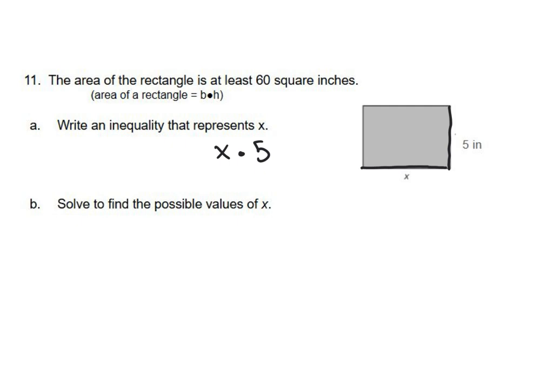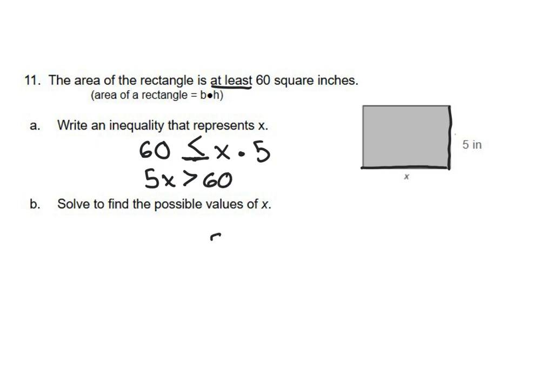And the area has to be at least 60. So it could be equal to 60, or this x times 5 could also multiply together to give us a number greater than, because it says at least. So 60 is less than or equal to x times 5, or you could say 5x has to be greater than or equal to 60.